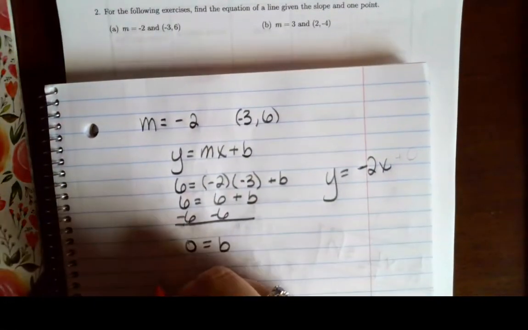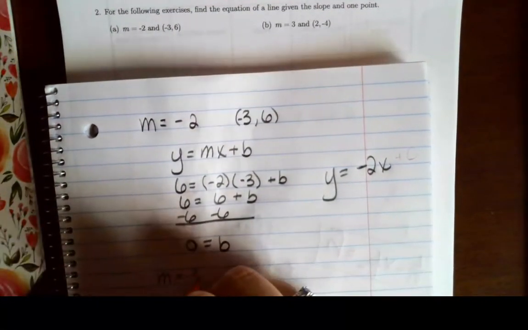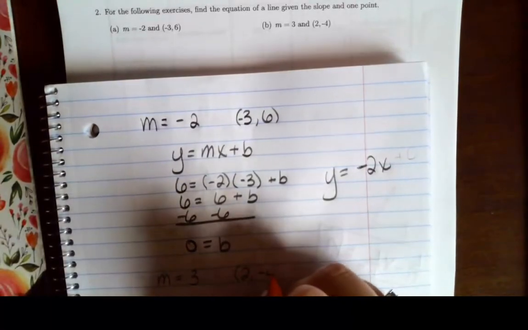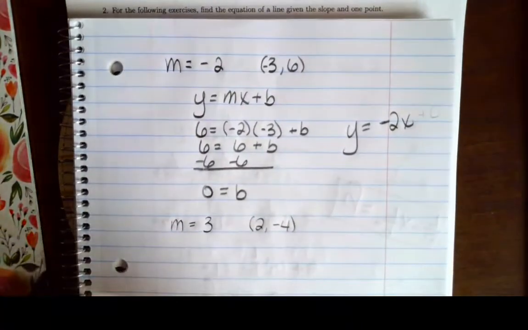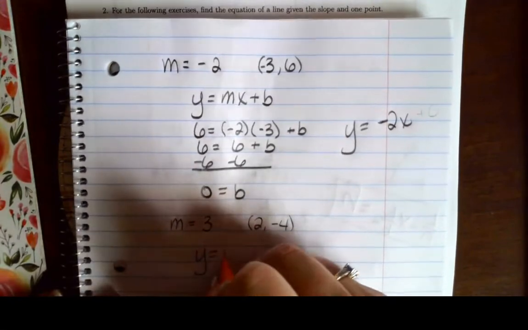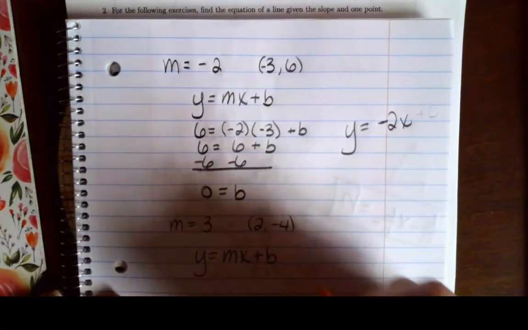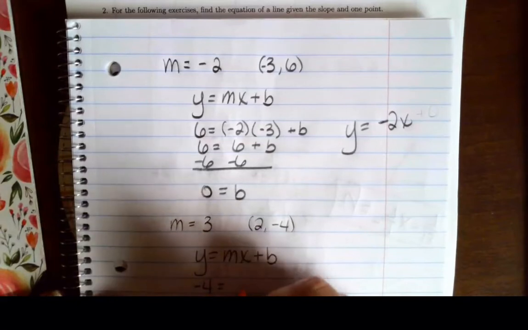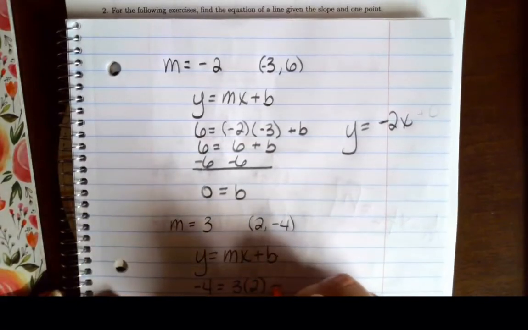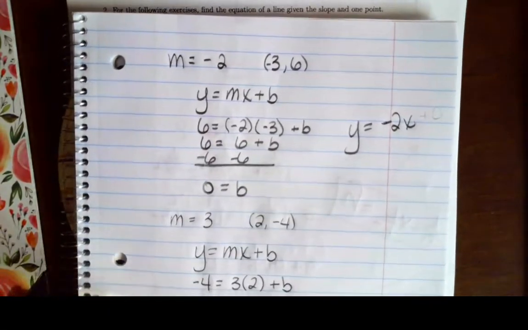So our next one is m is 3, and then I've got the point 2, negative 4. So just dive straight into y equals mx plus b. So negative 4 is 3 times 2 plus b.